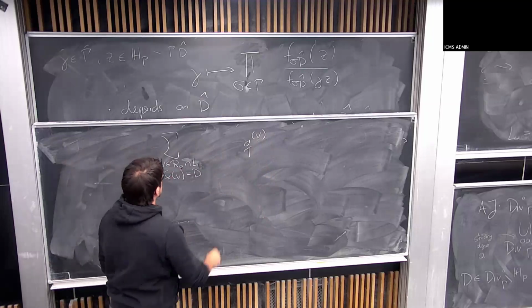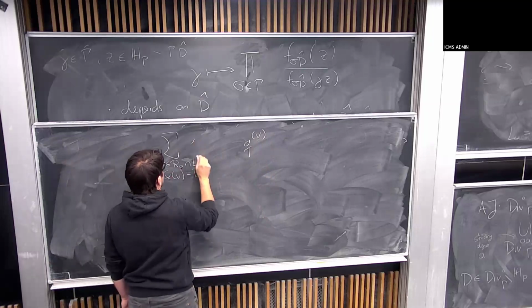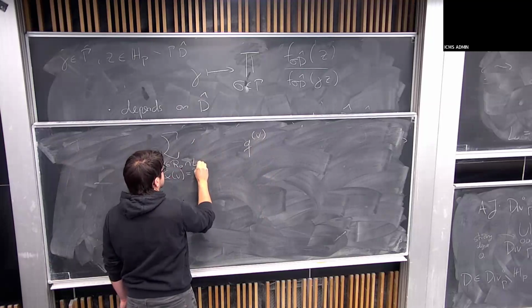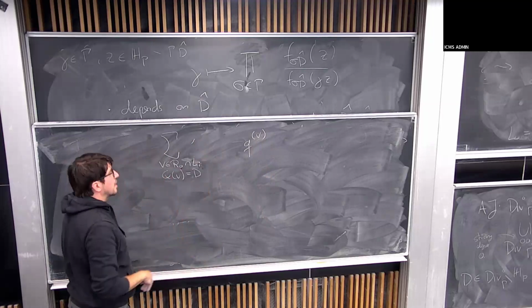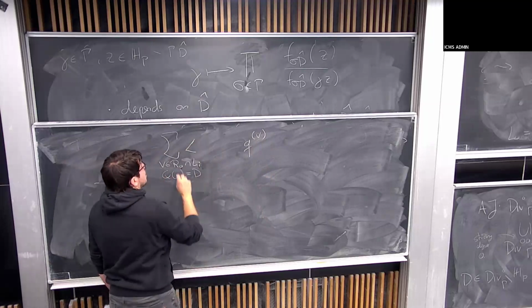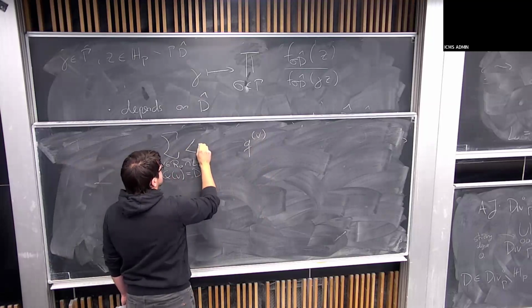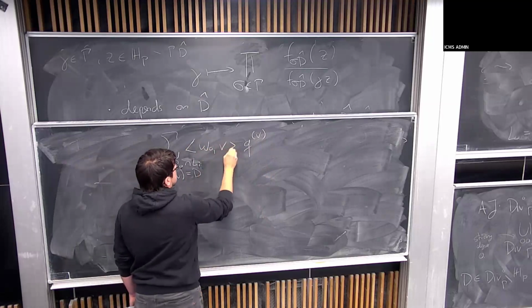But now, let's take L_i here. I have this for every L_i. But I can now pair this vector with v to some k.